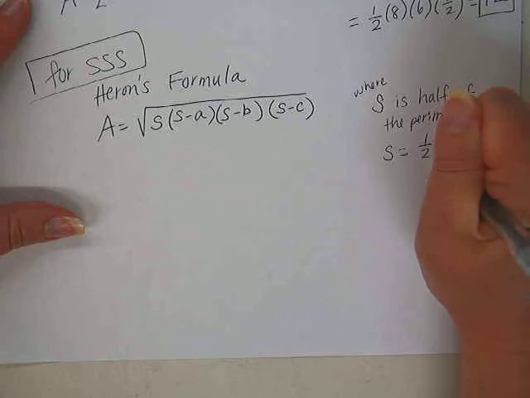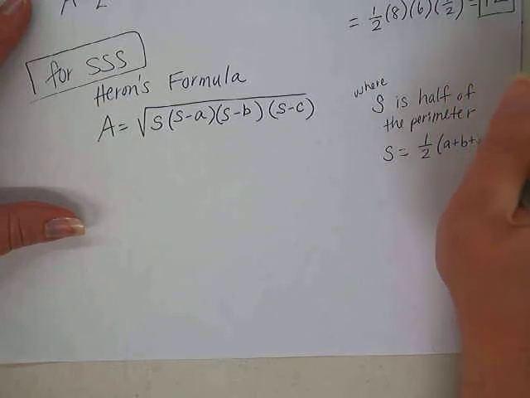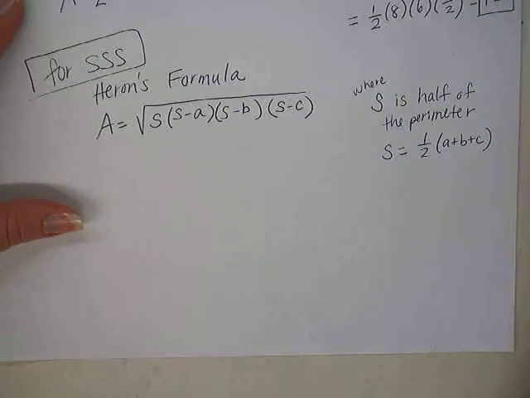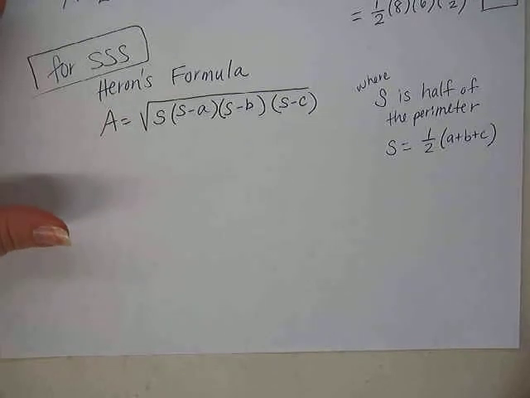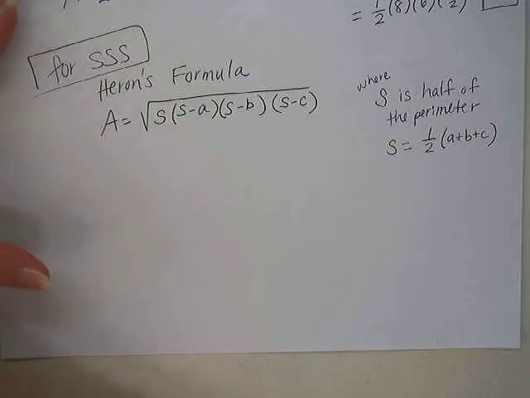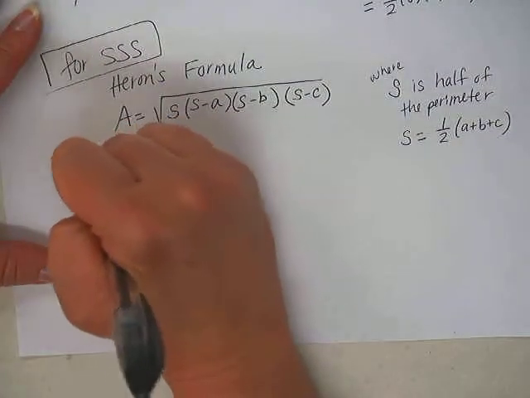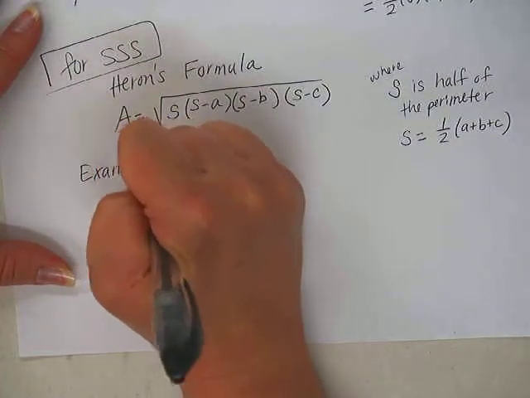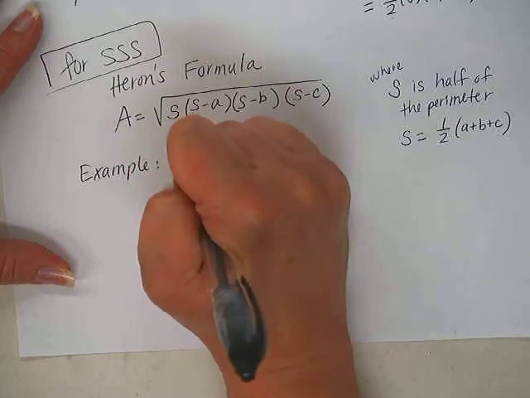S is half of the perimeter. So what do you typically do to find the perimeter of a triangle? Add the three sides together, and the three sides happen to be A, B, and C. So half of the perimeter is half of A plus B plus C. And then it's used all the way through the formula.